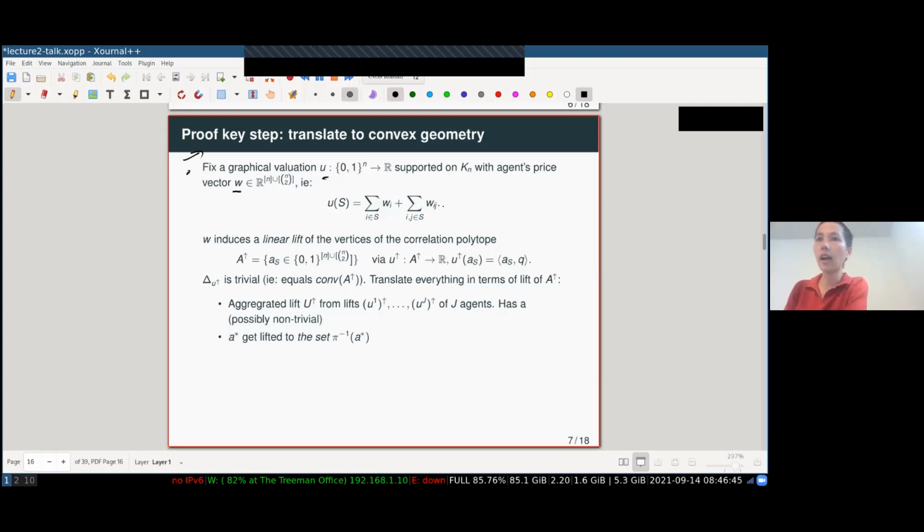Then I want to think of this as the projection of a linear function on a polytope upstairs. This is a function on the cube, but I really don't want to work with the cube. I want to work with the upstairs polytope, which in this case is the correlation polytope.